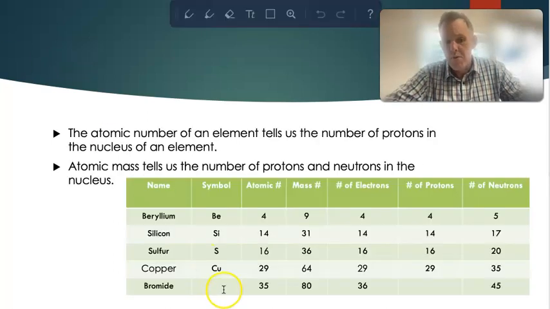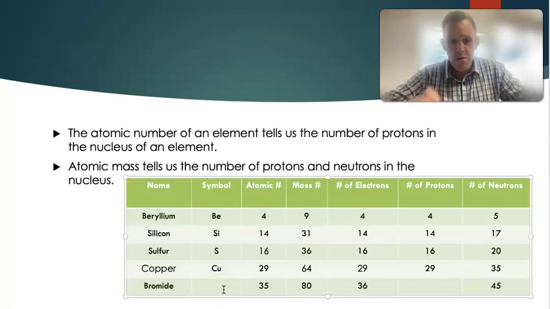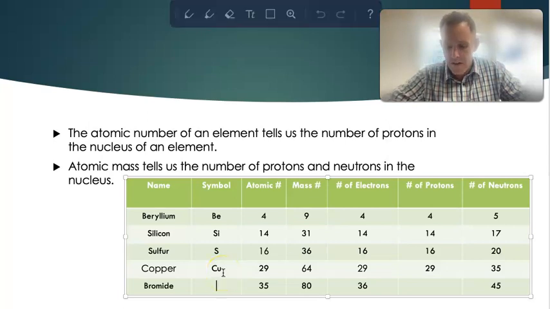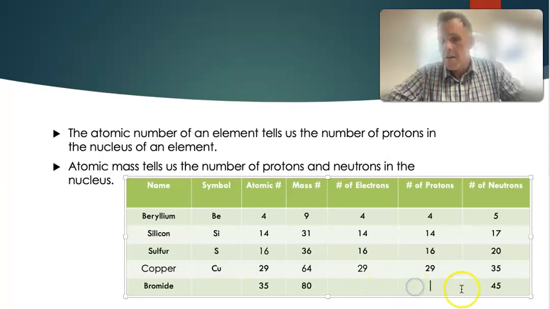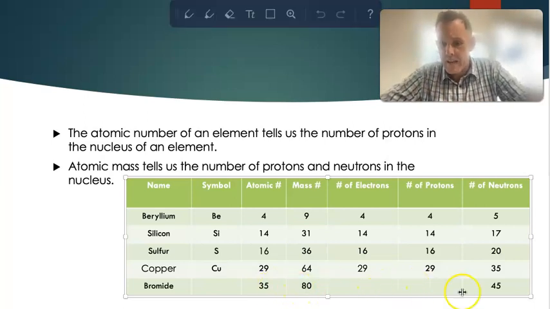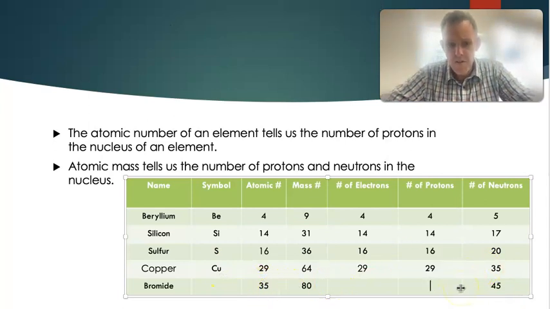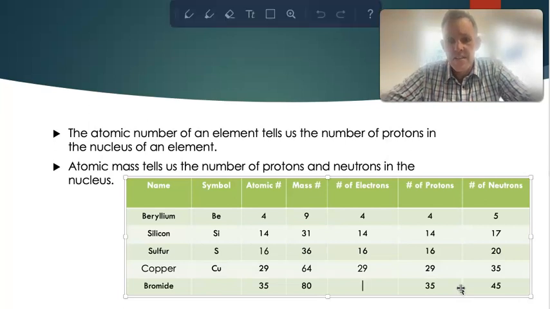So how does this work with bromide? Well, bromide is a non-metal, so it is going to gain electrons. It doesn't have 36 electrons, does it? Yes, it does. I was meant to have deleted that. 35, 80, 45. Okay, now what we know, 35 protons, but it's gained electrons.